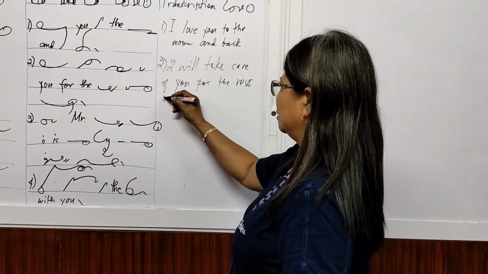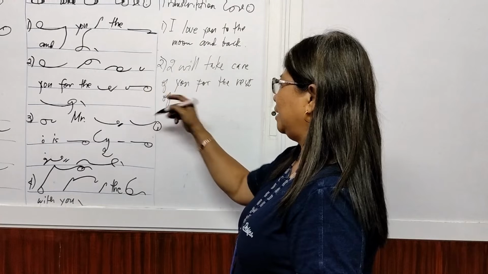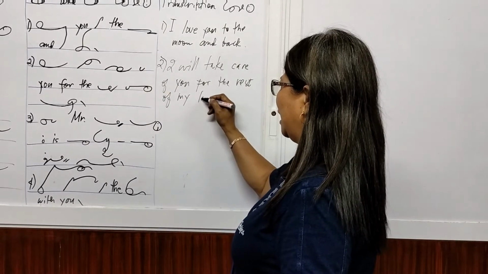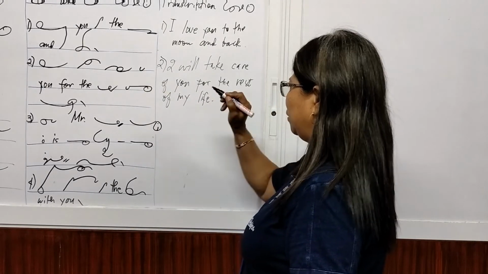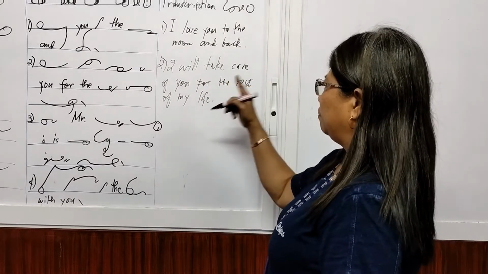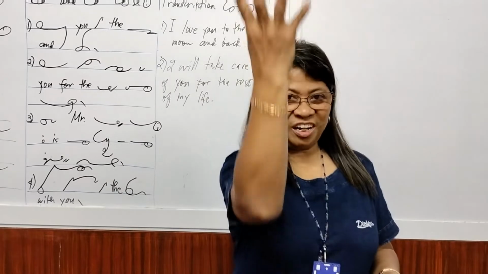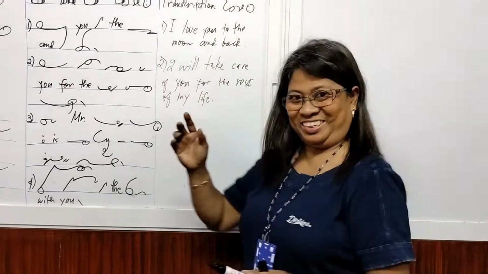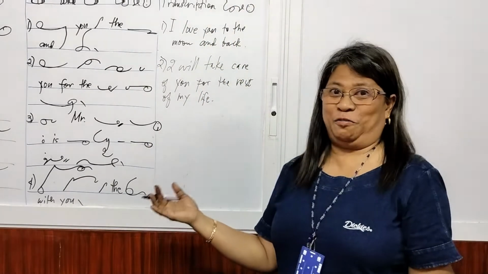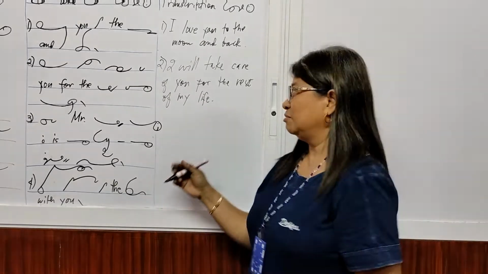Rest of M-I, rest of my life. Period. I will take care of you for the rest of my life. Chang. O, diba? Kalokohan. Kaya ba mag-take care for the rest of my life? Bakit yaya ba siya? Diba?